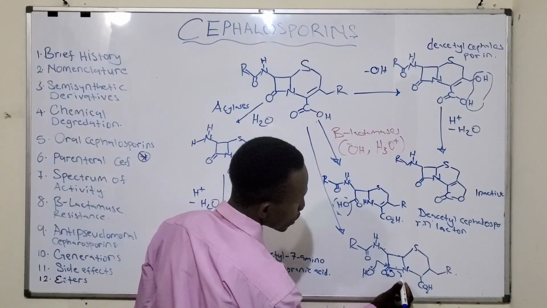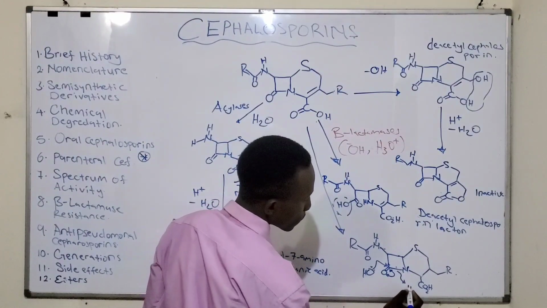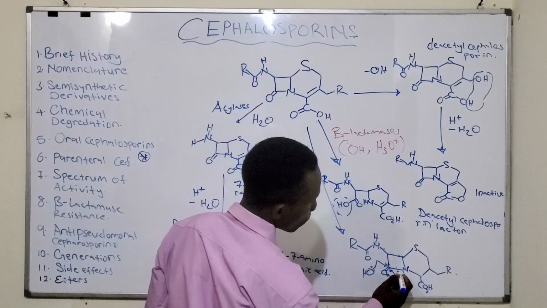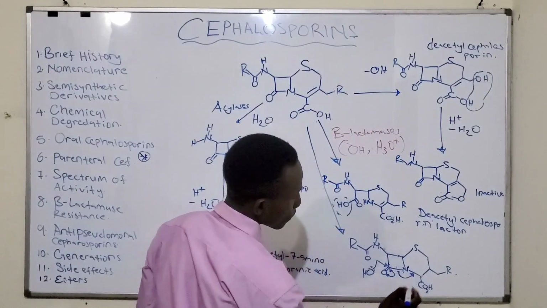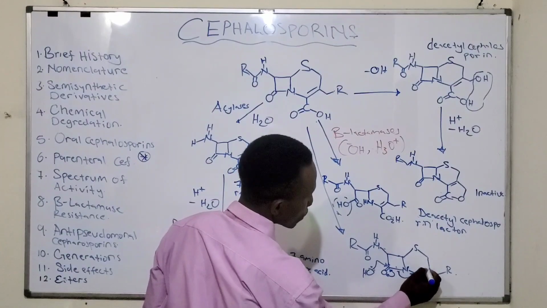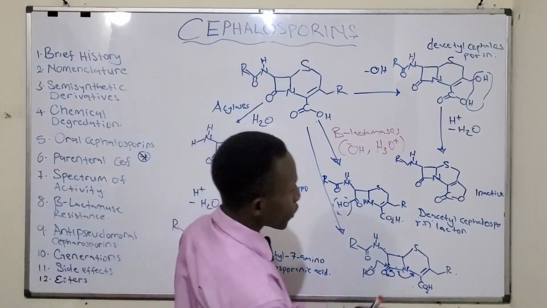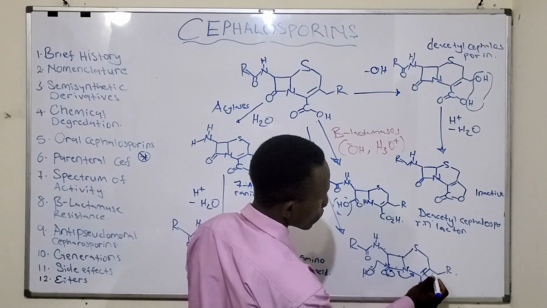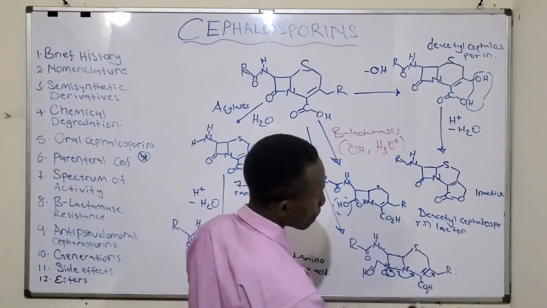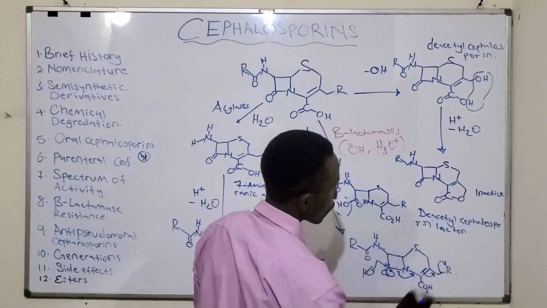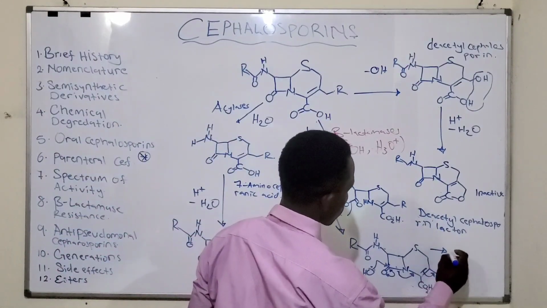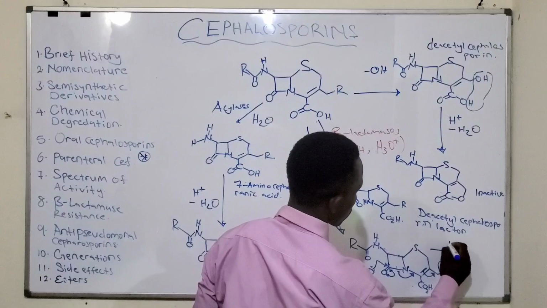On breaking, these electrons, instead of getting the proton, will now be used to form a bond here. Remember, you have a bond here. Then when you form a bond here, this carbon will have excess bonds, so this one will form a bond here, then this one will break off, meaning that we shall have our cephalosporin like this.